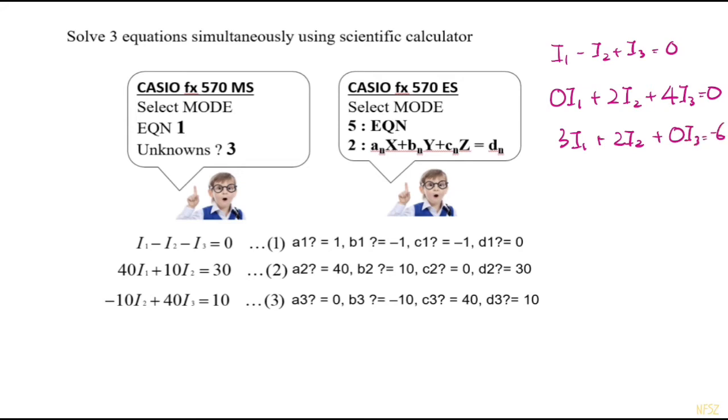Dan tengok model kalkulator awak, apa MS ke ES, ikut je lah step ni. Kalau tak lepas, nanti WhatsApp saya. Okay, so dapat I1 is equal to negative 138 ampere.